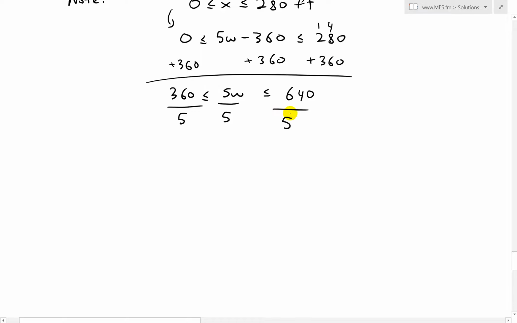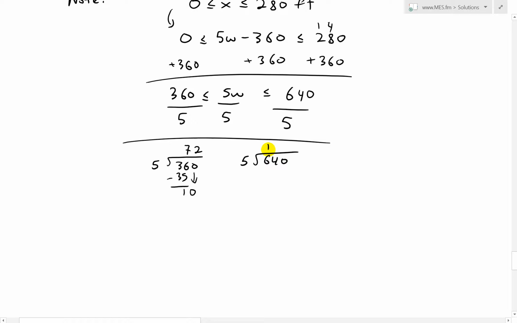So now 5 goes into 360. Let's just do that by hand right here. 5 goes into 36 seven times, which is 35. Minus from it, we have 1. Carry the zero, 72. And this part right here, 640 divided by 5.